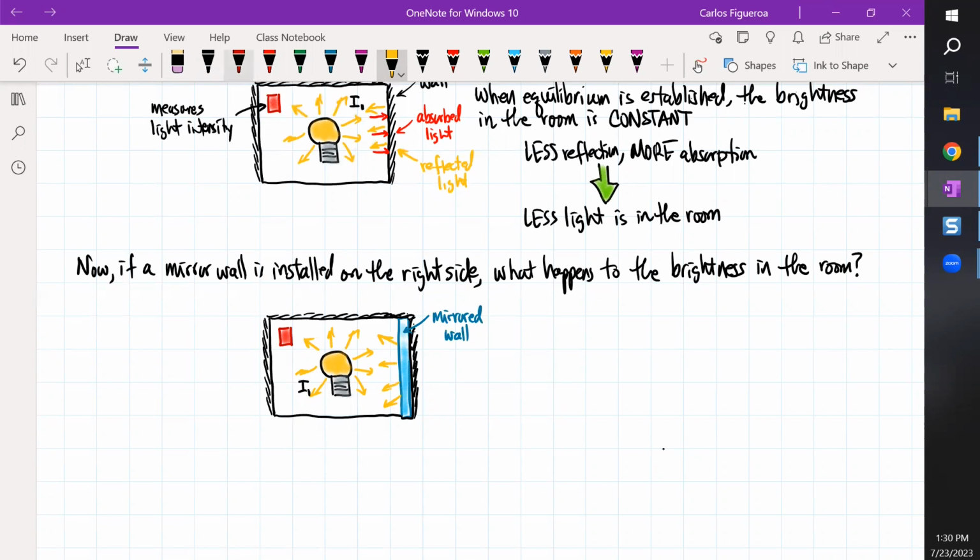And this reflected light now increases the total intensity in the room. So instead of absorption, a new equilibrium is established.